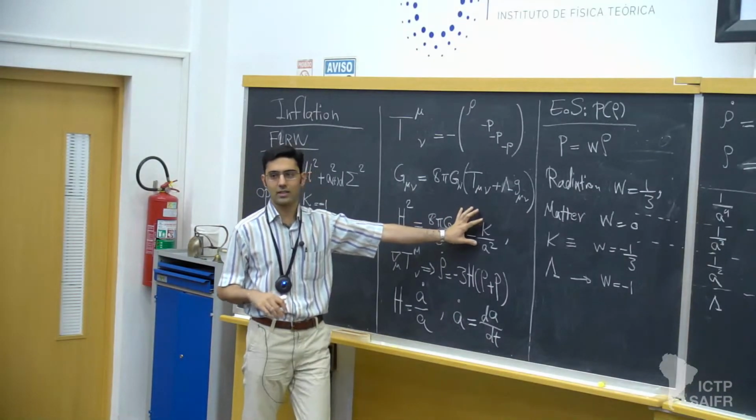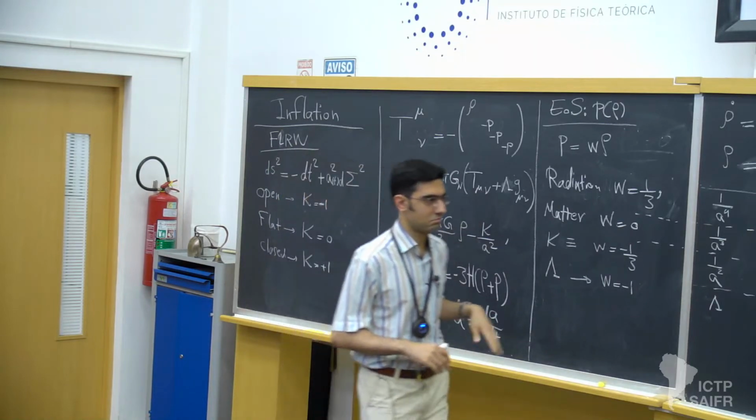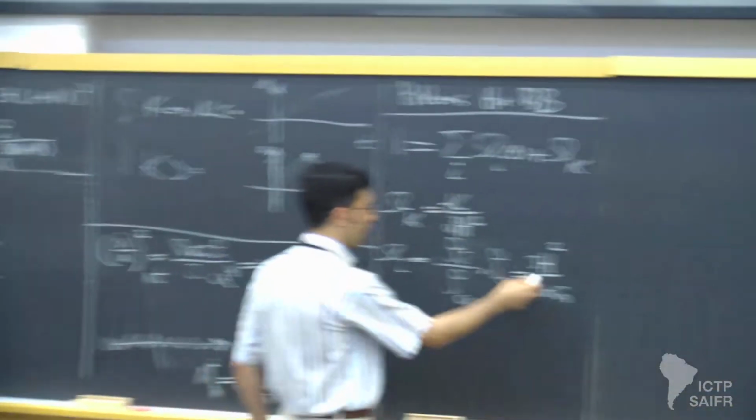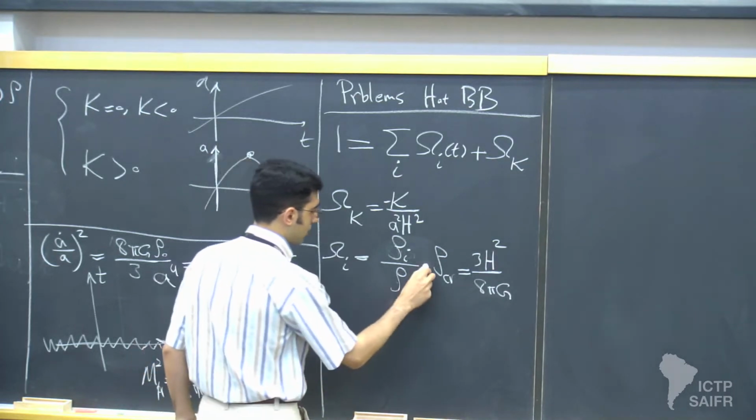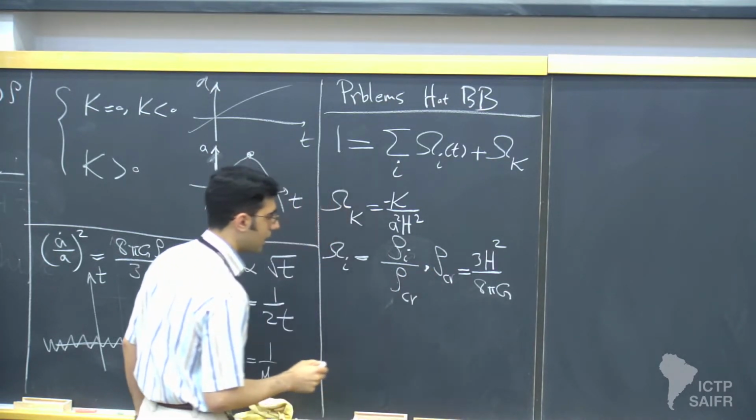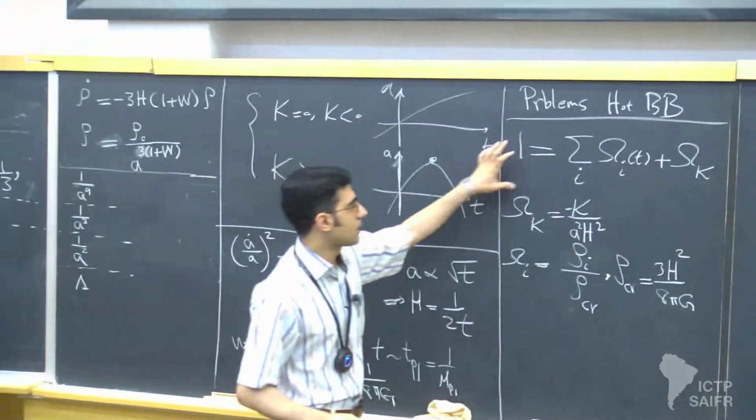If I just had that rho, it would give me the Hubble parameter, the Hubble expansion rate.